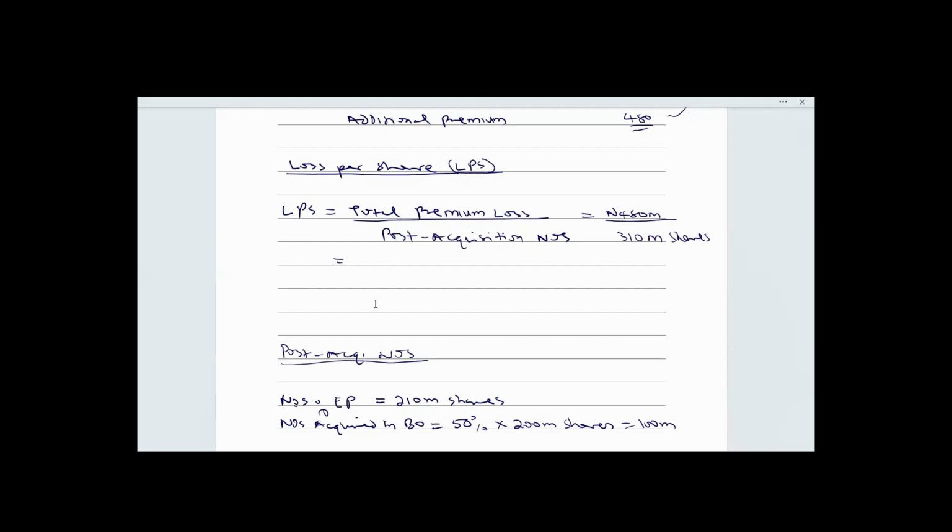So bring out your calculator. 480 divided by 310 equals 1.55. That's 1 naira 55 kobo.